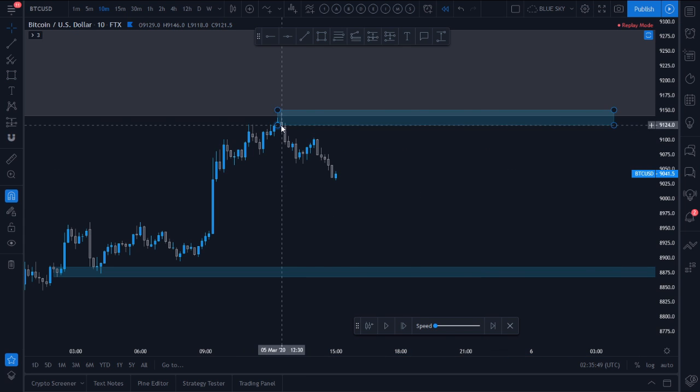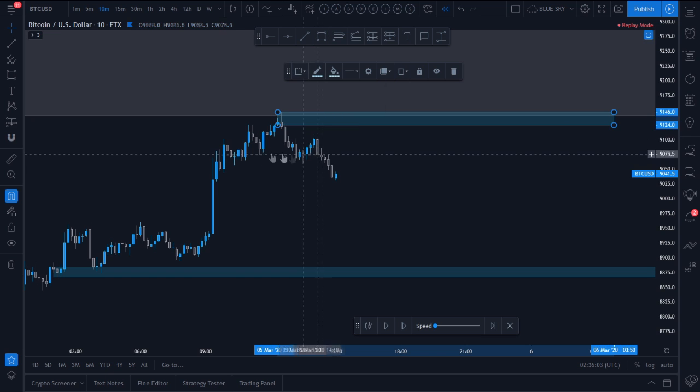This is our new supply zone here, this last up candle and the high wick, and drop, base, drop. We also have a supply zone here.